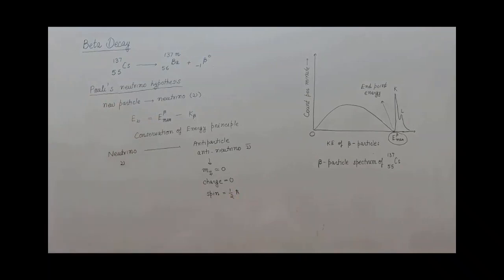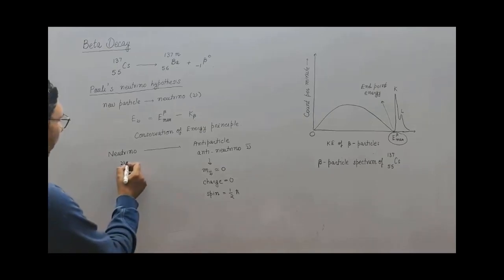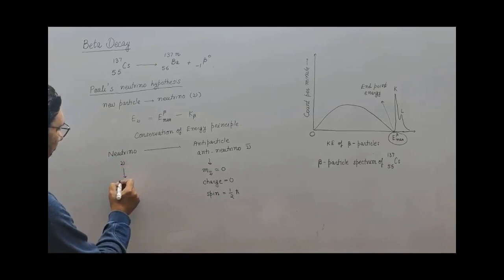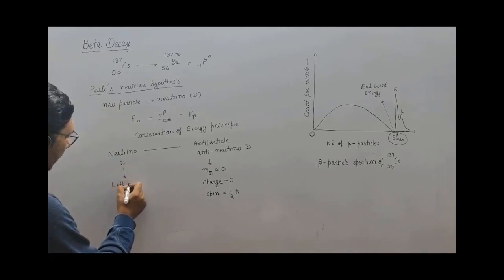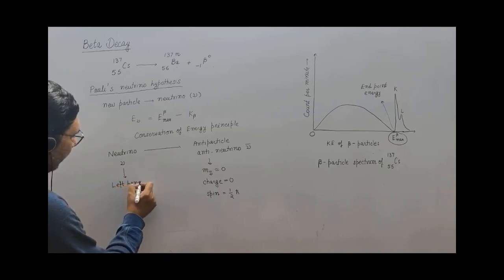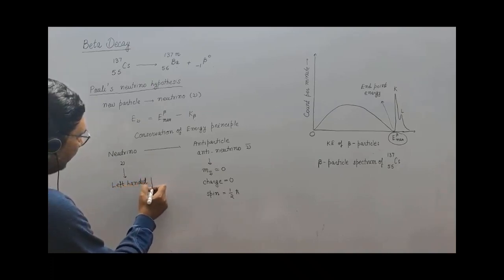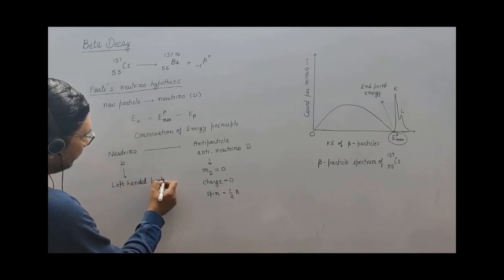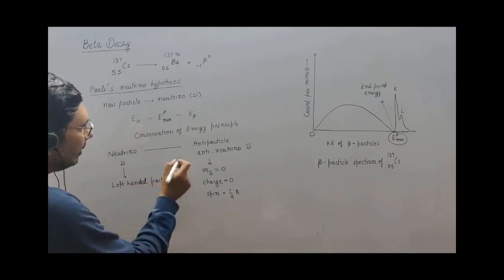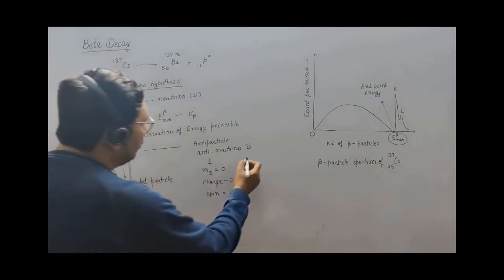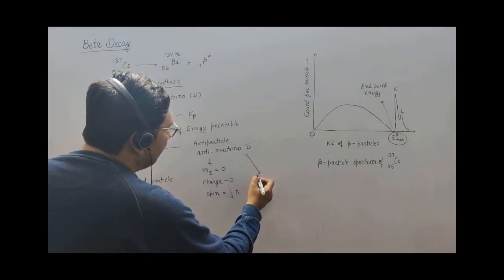But where is the difference between these two? The difference is this neutrino is a left-handed particle, while this antineutrino is a right-handed particle.